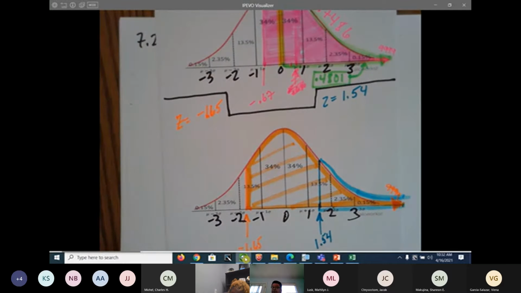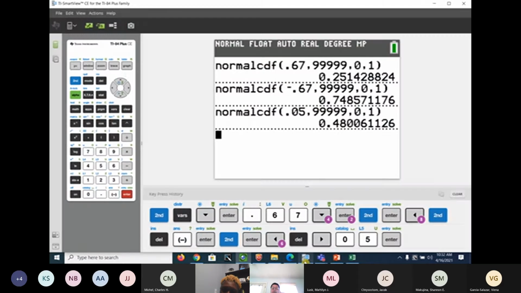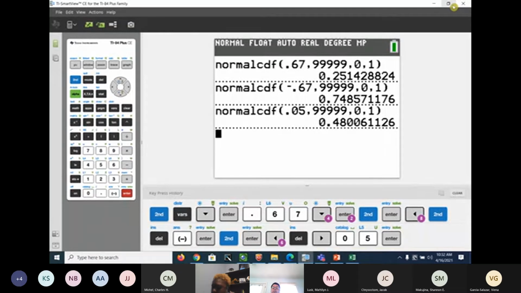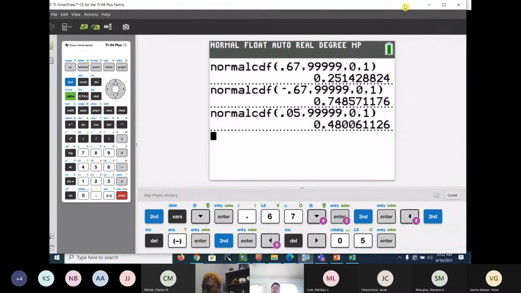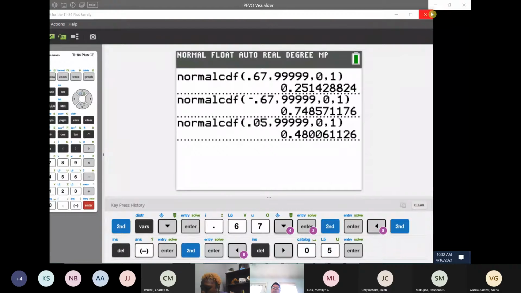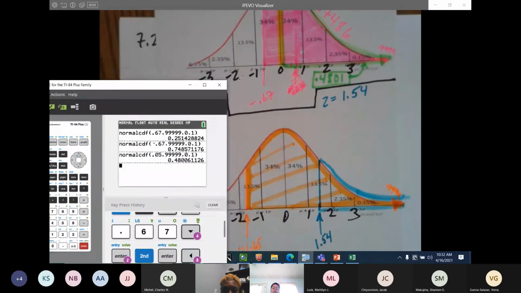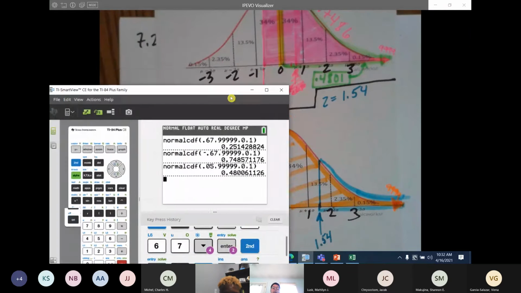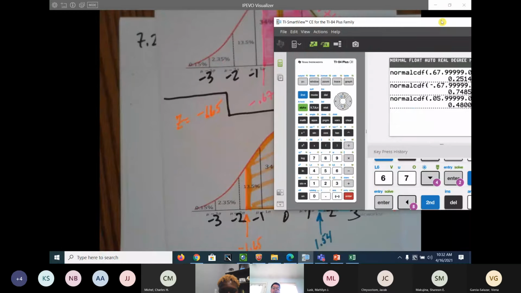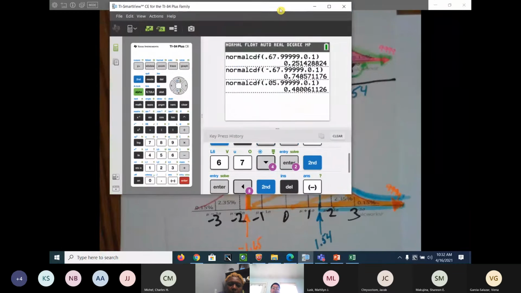Okay. So your handy dandy calculator. So we're going to go from negative 1.65 to infinity.